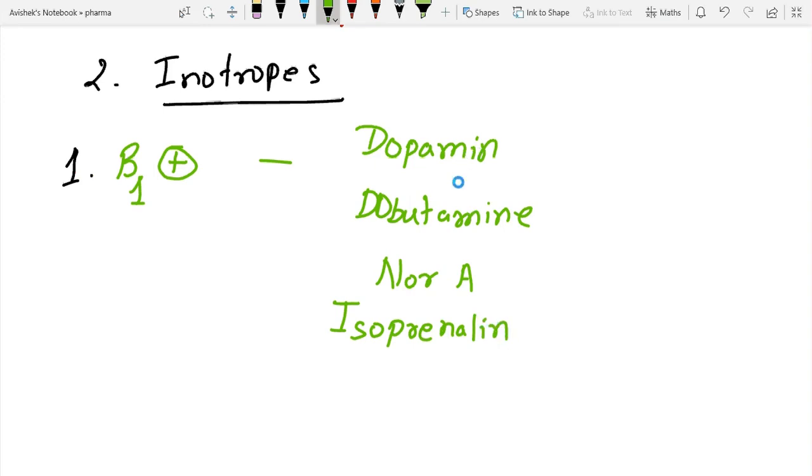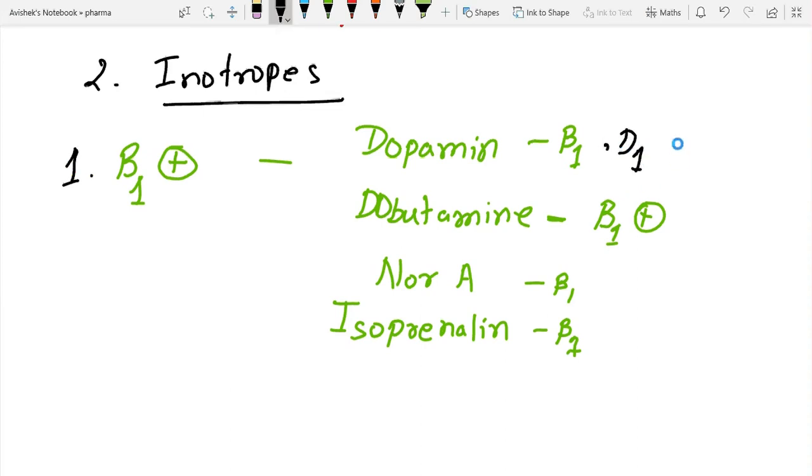But the problem is only dobutamine is beta 1 selective. That means it only works on beta 1. All the others work on beta 1, but along with beta 1 they work on some other receptors also. Dopamine works on D1 and alpha 1.